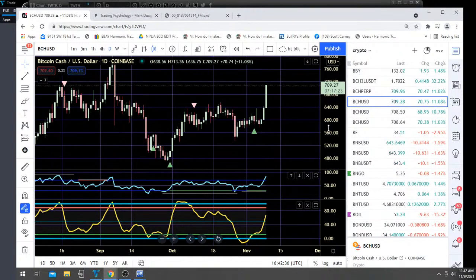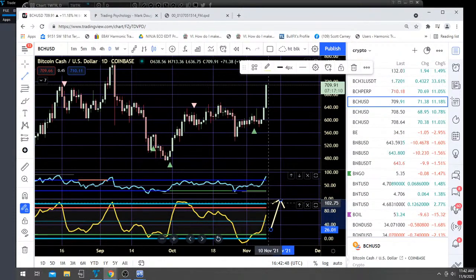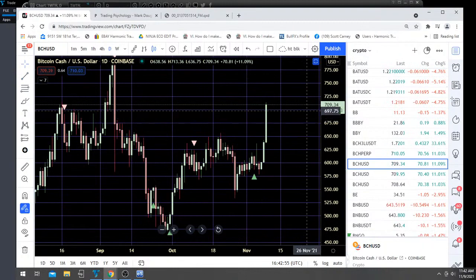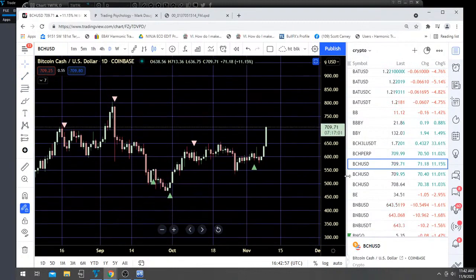So if anyone was in on that, what you want to be looking for, first of all, if you don't have the program, get the program. But we're going to ride that up till we get an overbought HSI signal. Final piece with this Bitcoin Cash that I almost missed, I wanted to talk about this when we started today, is we have the BAM scenario.